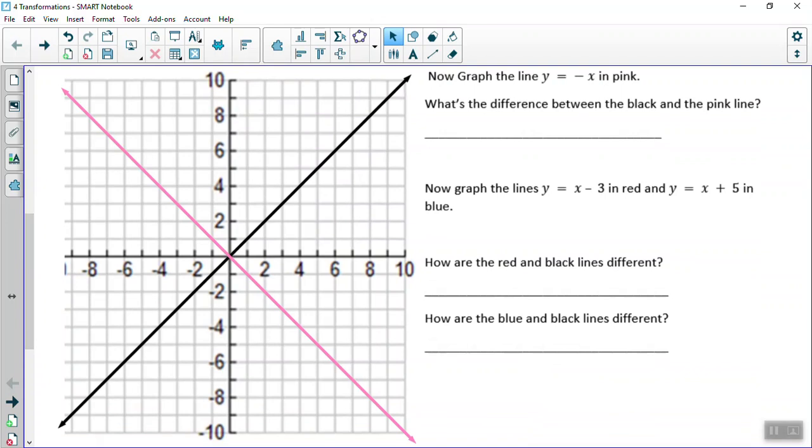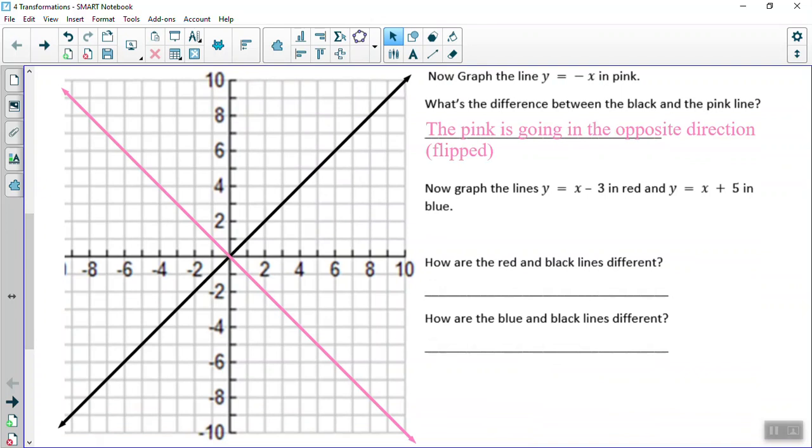I can do the opposite: go up 1 and left 1 to get the other half of my line. Okay, so what's the difference between the black line and the pink line? Well, we can see that they're going in opposite directions, right? So we can say that the pink is going in the opposite direction, or we can say that it was flipped or reflected.